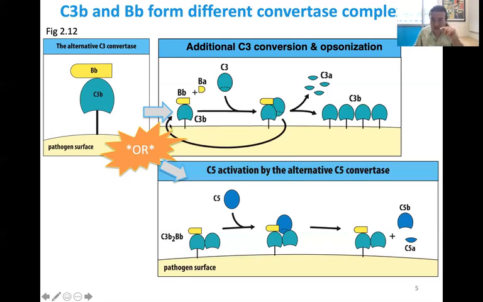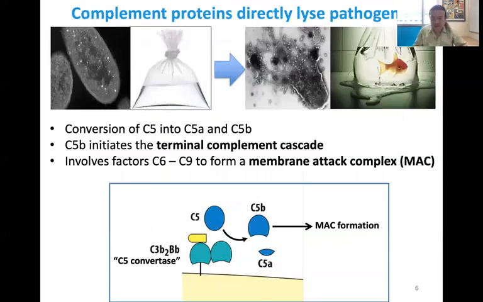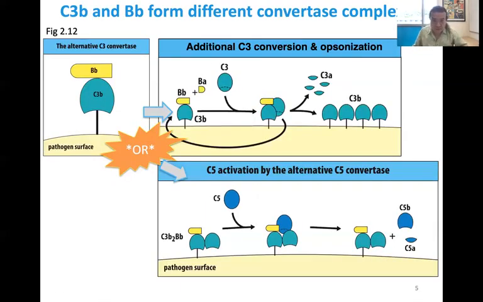And importantly, both of these are actually happening simultaneously because, even though in the cartoon we're focused on only one of these C3b BB complexes stuck to the surface, once you have a ton of these on there, both of these processes are happening at the same time with each given one. So both of these pathways are happening simultaneously.